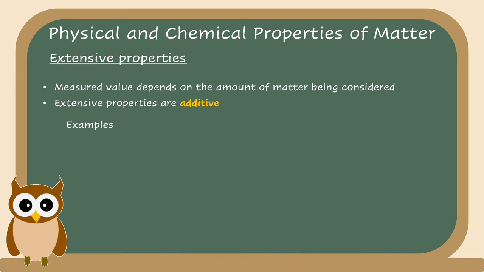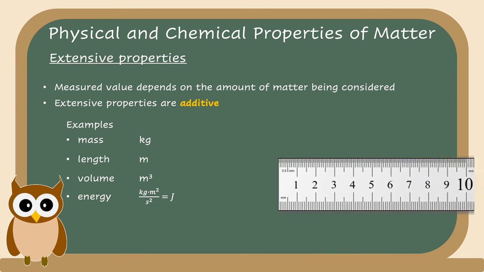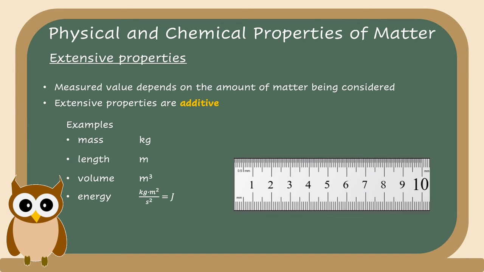Examples: mass with units in kilograms, length with units in meters, volume with units in cubic meters, and energy with units in joules. This is derived from the formula of newtons per meter. So all of these properties depend on the amount of matter, and they are all additive.